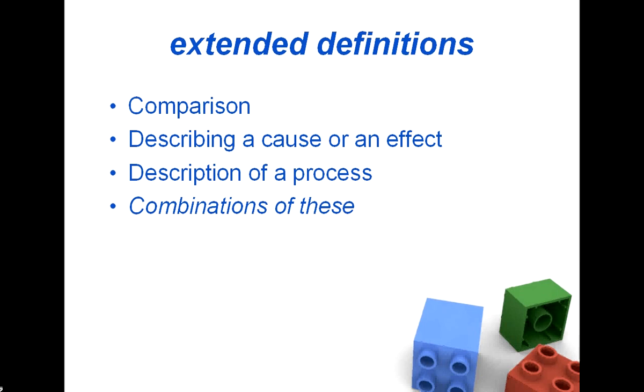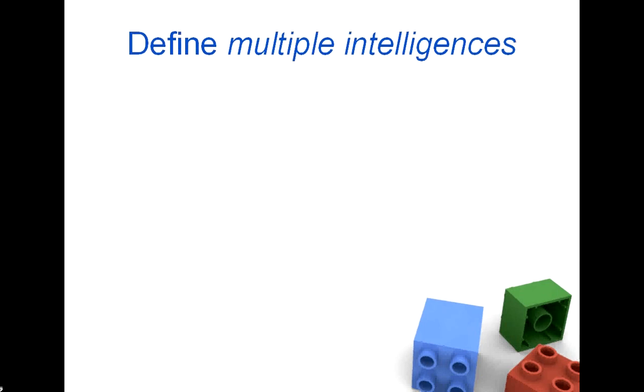So, what types of extended definitions are there? Well, there's comparison, there's describing a cause or an effect, there's the description of a process, and, importantly, there are combinations of these.